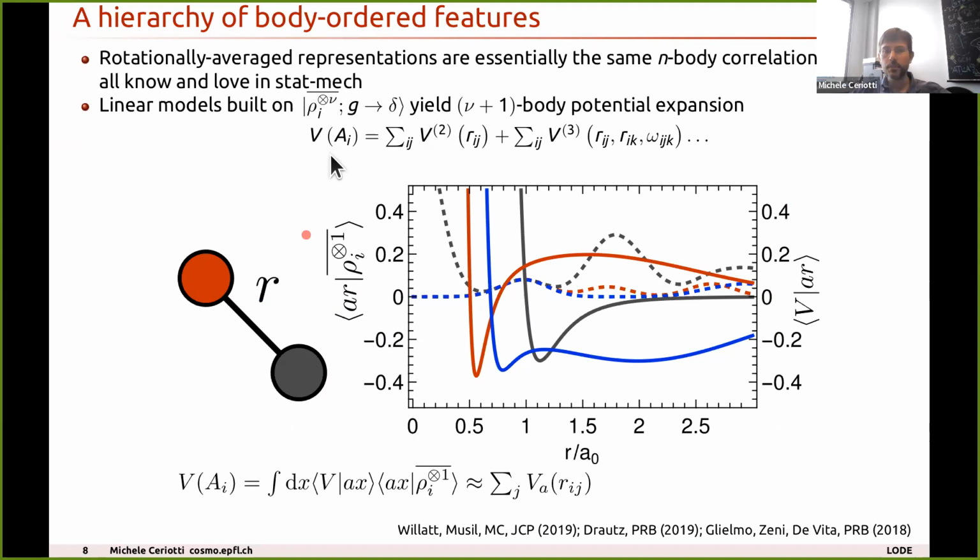So basically you approximate a property of a group of atoms as a sum of pair terms, terms that depend on 3 atoms, terms that depend on 4 atoms, and so on and so forth. So there is really a one-to-one mapping between these descriptors and a very well established way of expanding atomic properties in terms of a hierarchy of cluster terms.